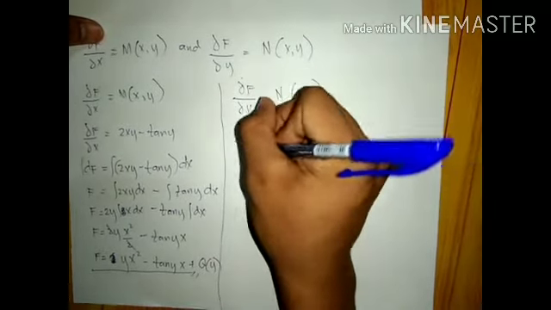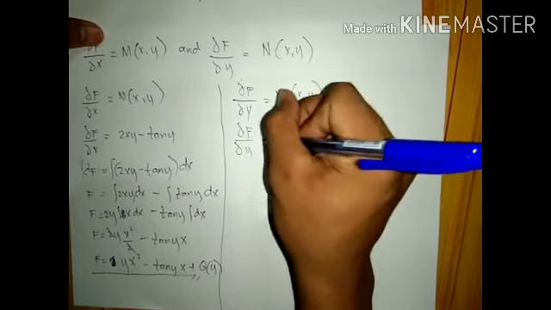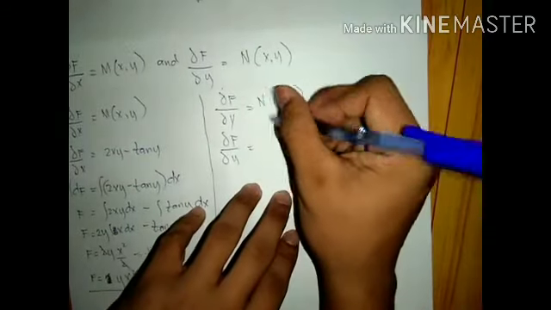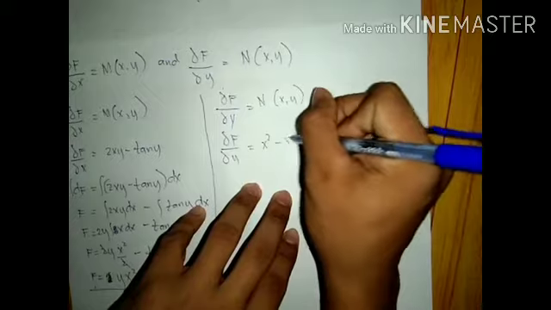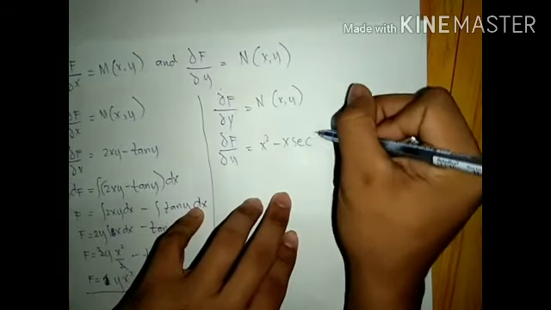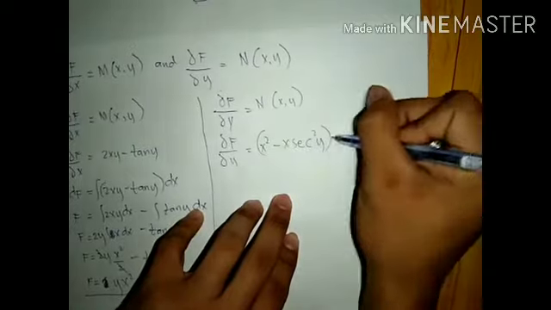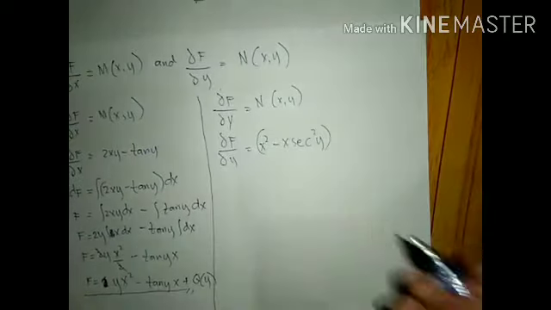Partial f with respect to y is equal to our N, which is x squared minus x secant squared y, times dy.